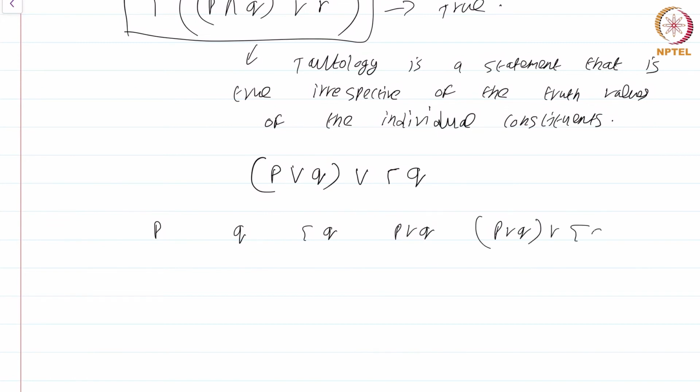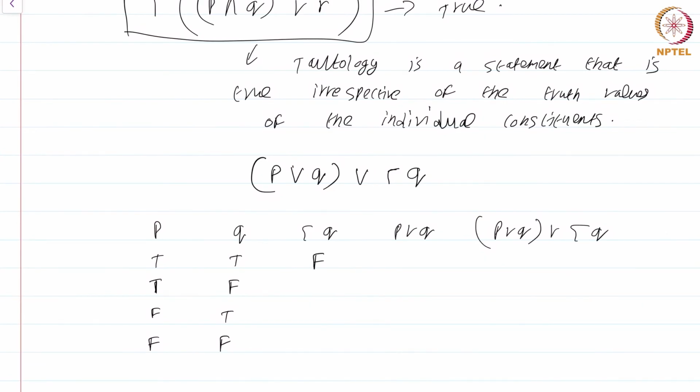True, true, false, false. True, false, true, false. So in the first two columns, I have enumerated all the possible combinations of truth values that are possible for P and Q. Now I can compute what negation Q is. If Q is true, negation Q is false.